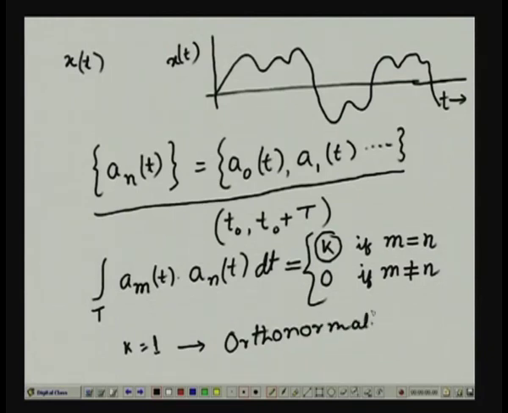So, for an orthogonal basis function, as we have defined, if this non-zero constant k is equal to 1, then we say that it is an orthonormal set of basis functions.